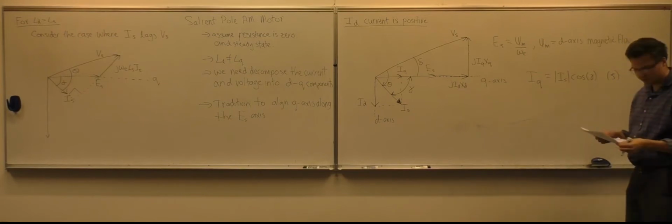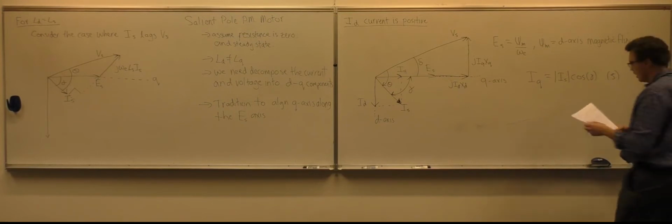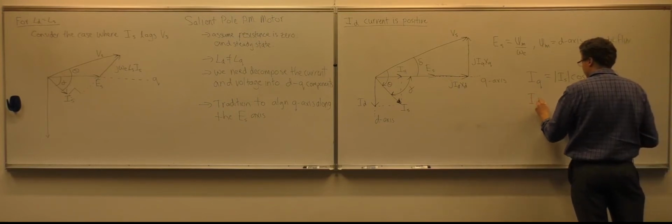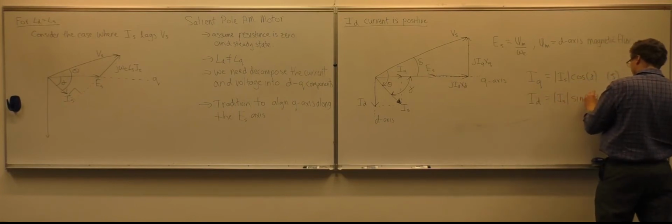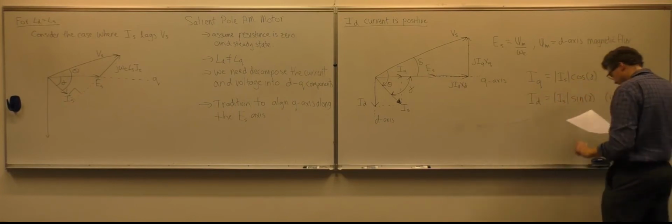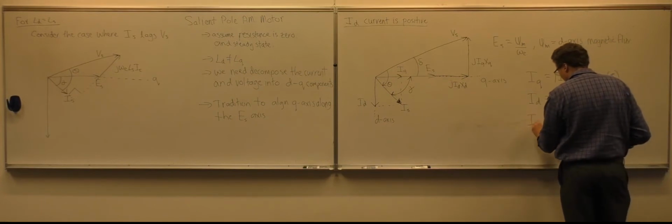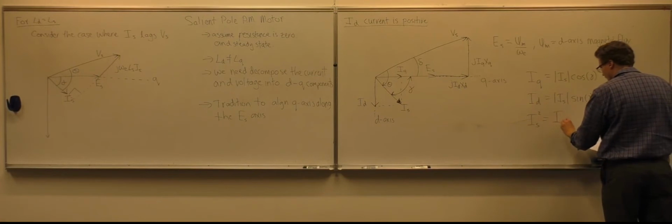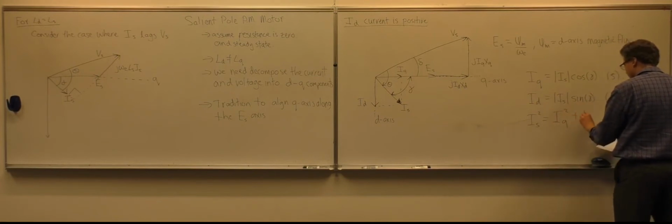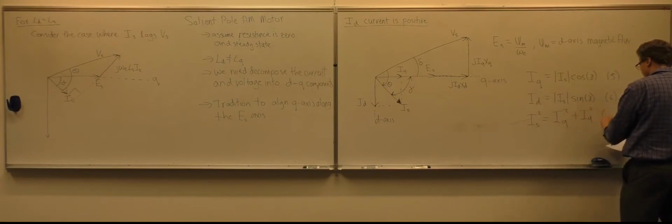Do you have a 4, right? Okay, good. And then ID is equal to IS times sine gamma, which is 6. And then also IS squared must equal IQ squared plus ID squared, and that's 7.